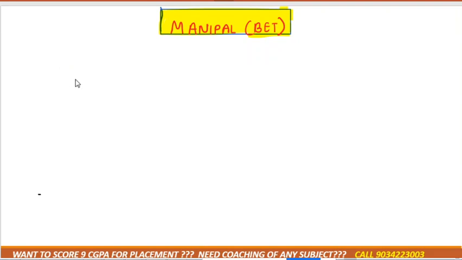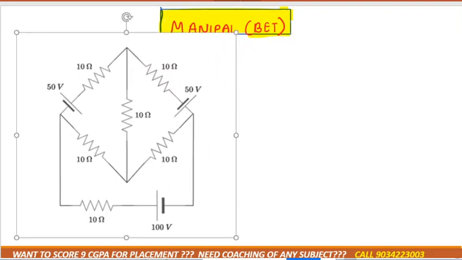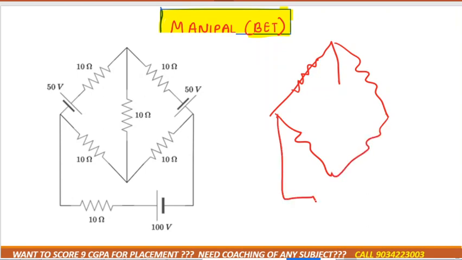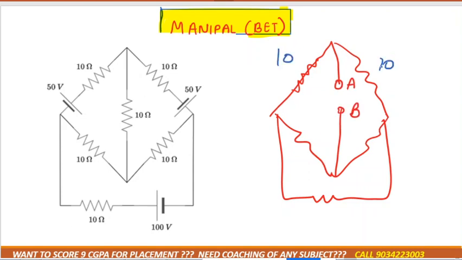Now in the next step we need to calculate RTH, right? As you know, for RTH, short circuit all the voltage sources. The circuit diagram would be like this, right? And again, you are standing at position A and have to move towards B. Here the 10 ohm and 10 ohm are connected in parallel.